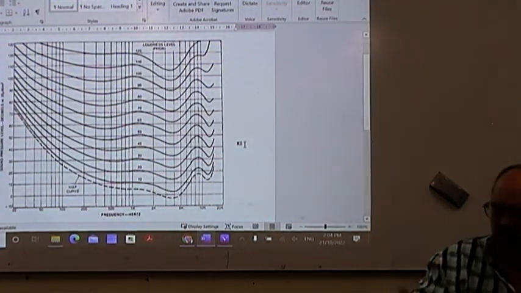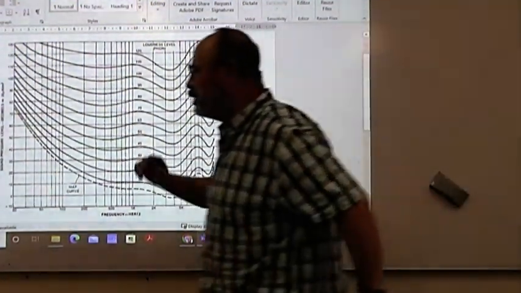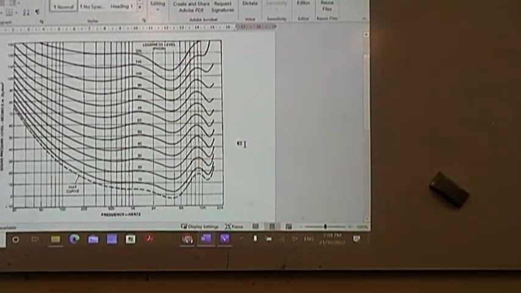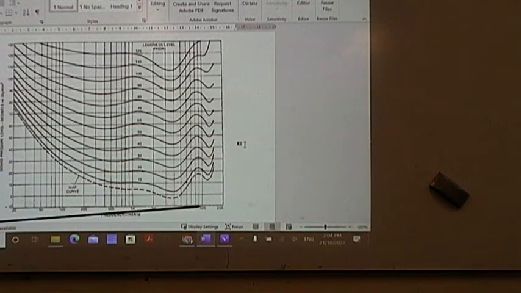So, let's have a look at this graph. This represents our hearing over the range of frequencies. We have sound intensity level on the vertical scale and frequency on the horizontal scale.